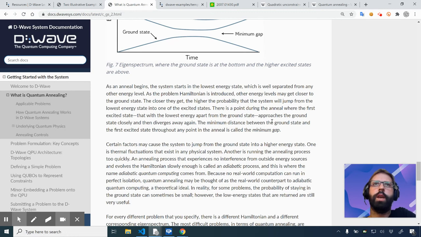The closer they get, the higher the probability the system will jump from the lowest energy state to one of the excited states. There's a point during the anneal where the first excited state, the lowest energy apart from the ground state, approaches the ground state closely and then diverges away again. The minimum distance between the ground state and the first excited state throughout the anneal is called the minimum gap.